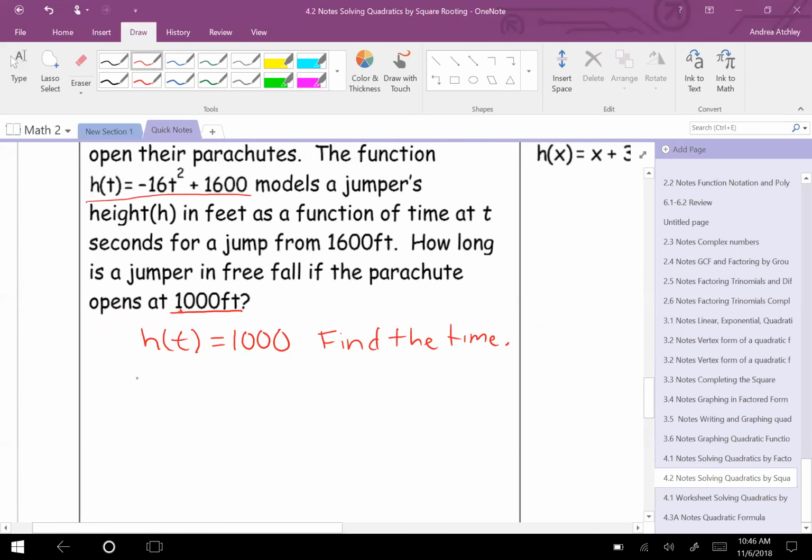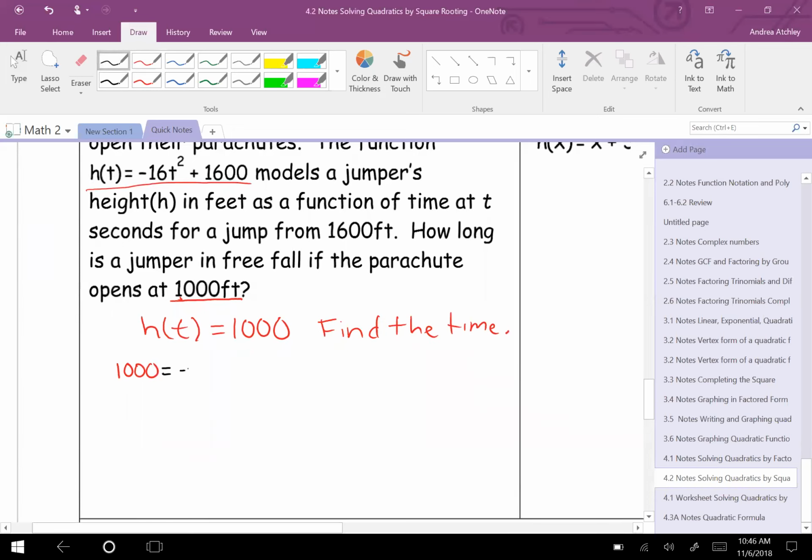So I'm going to get 1000 equals negative 16t squared plus 1600. Okay, so back on Friday, when we solved a quadratic by square rooting, we want to get that squared variable by itself.